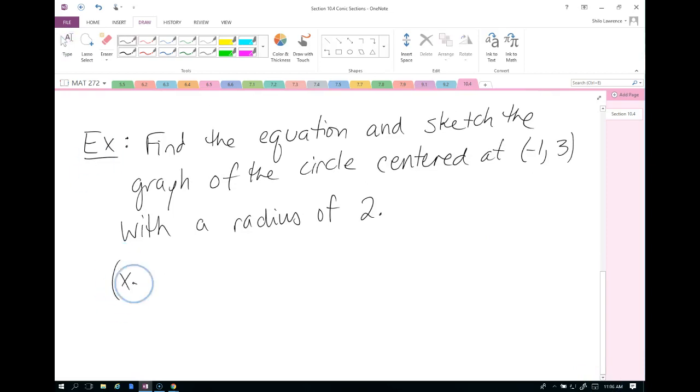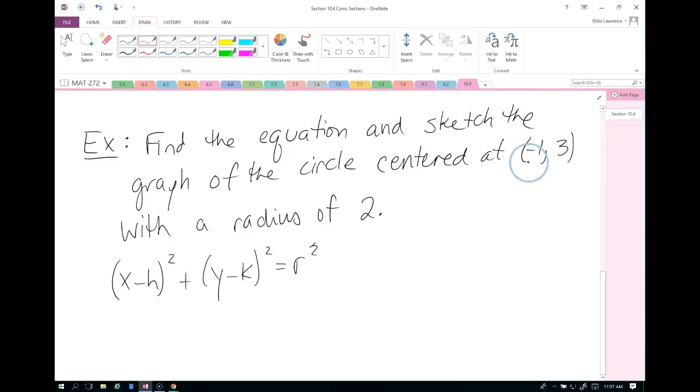So the formula is x minus h squared plus y minus k squared equals r squared. Now don't ever get rid of the x and the y. Those are variables. What we're getting rid of is the h, the k, and the r. Those have specific values based on this particular circle.